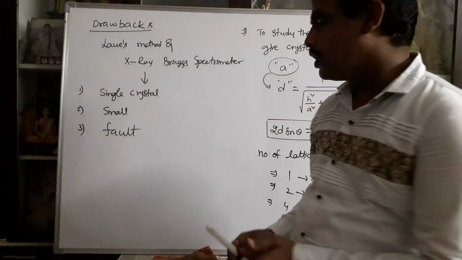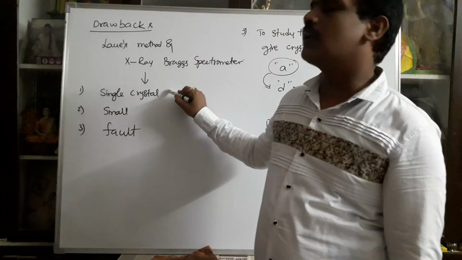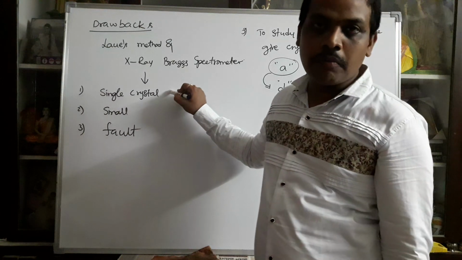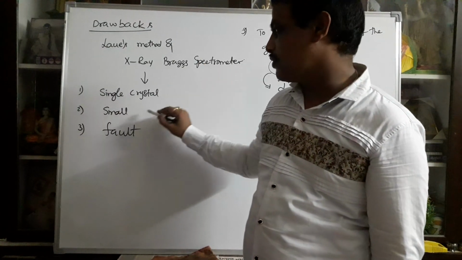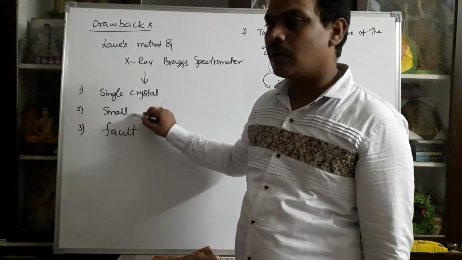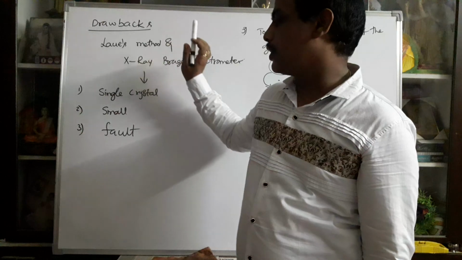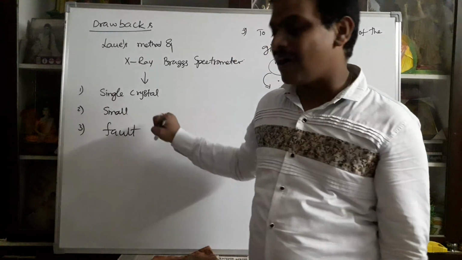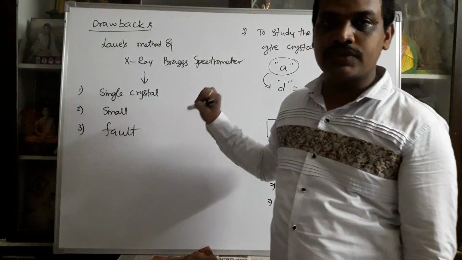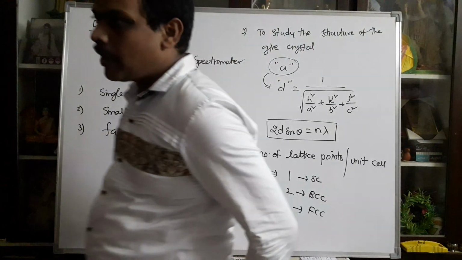So according to the drawbacks, this spectrometer only explains the single crystal, not multiple crystal structures. That is the first drawback. The structure must be small. Small structures can be explained by the Lay method, and any distortion or faults existing in the crystal cannot be explained by the Lay method and X-ray Bragg spectrometer.